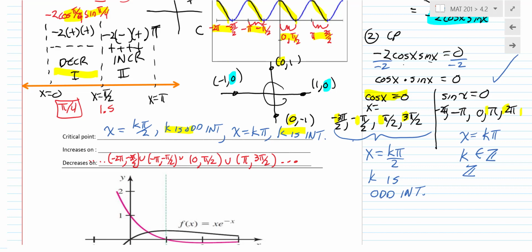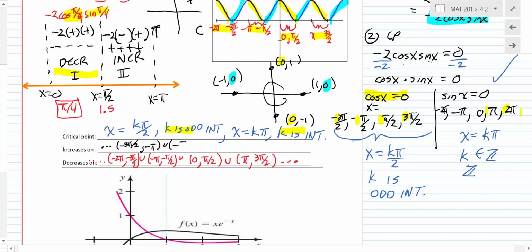Okay, and then increasing goes like this. So you're going to have the things I'm highlighting in blue. We'll just write those down. Let's start with dot, dot, dot. Let's start with negative 3 pi over 2 until negative pi. Okay, then union, you would have negative pi over 2 to 0.